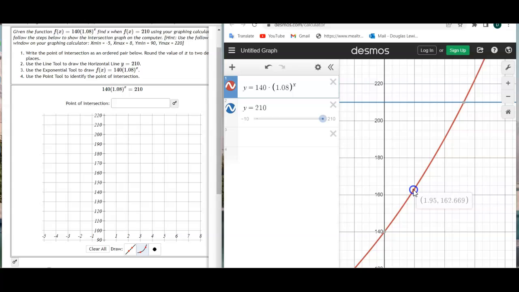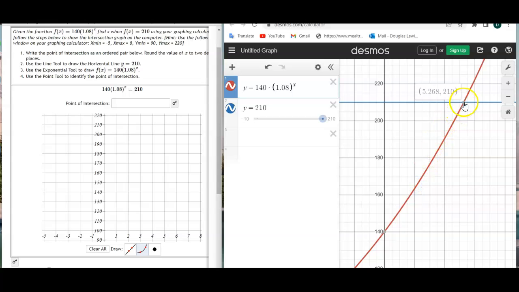I can click there and hold it, and it's 2.02, 163.296. So I can put that in.